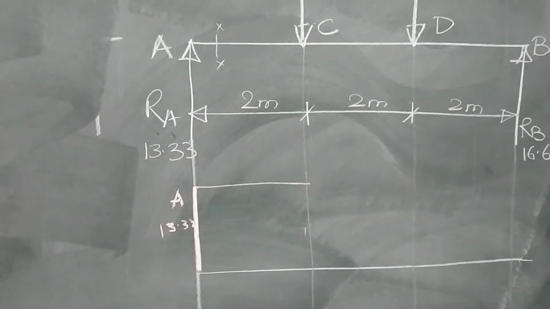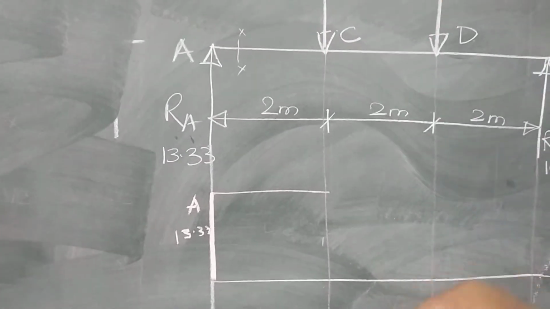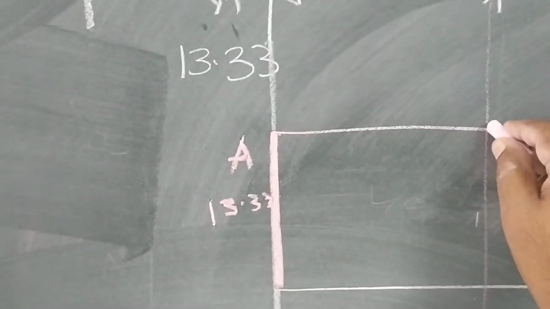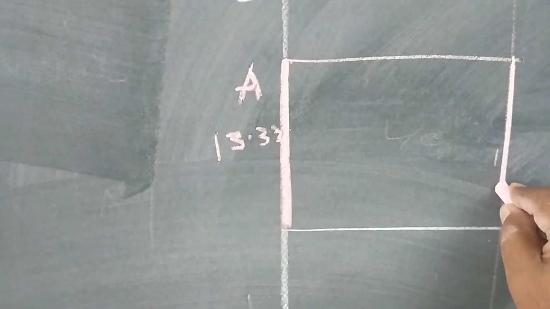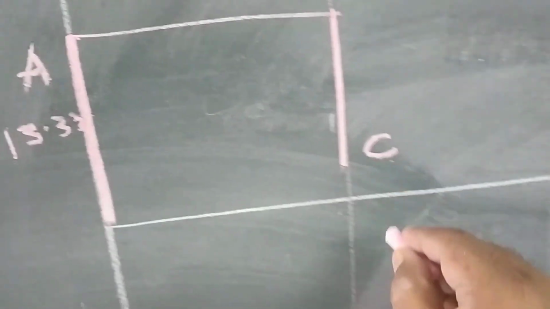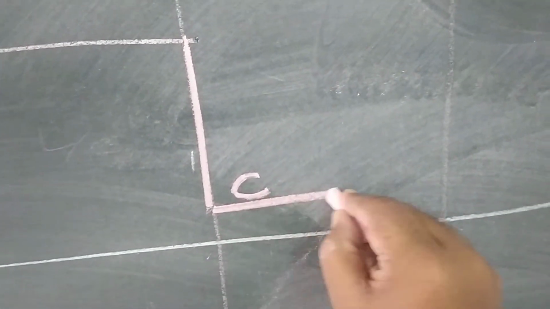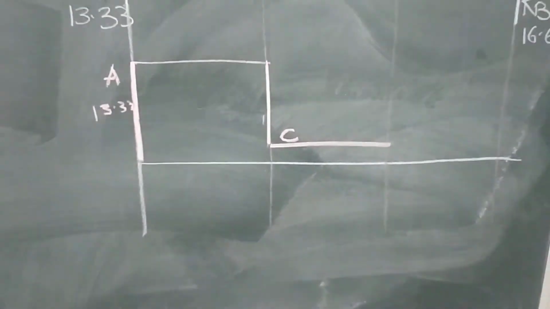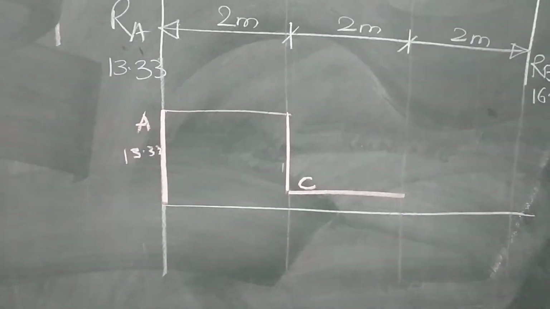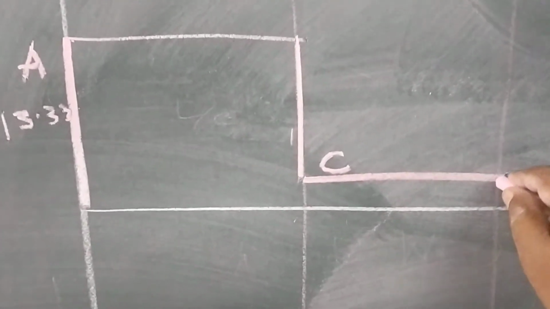Okay, now at point C, the force is going down at what value? 10. So 10. This is point C. Again, no force till point D. Correct? So I am drawing a straight line. 20 kilonewton downward.